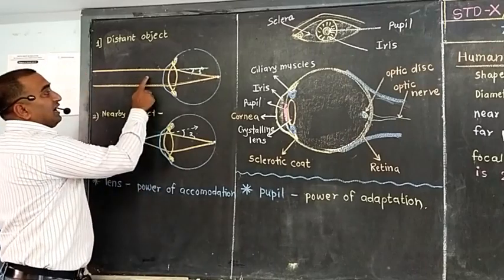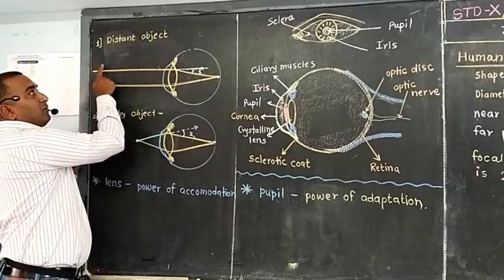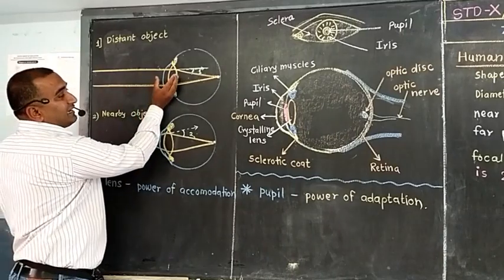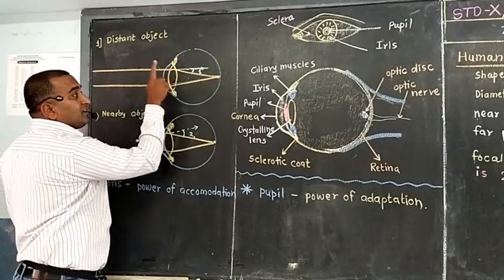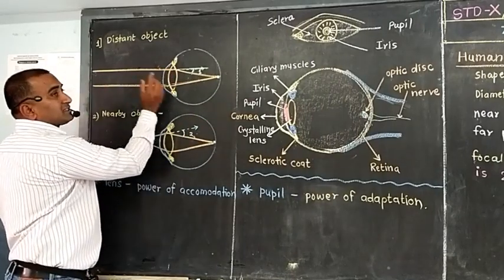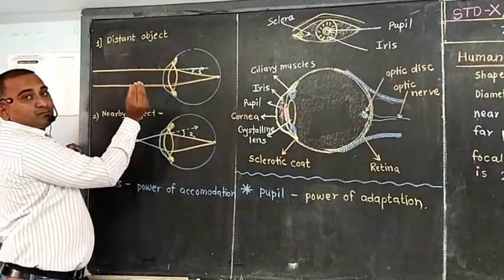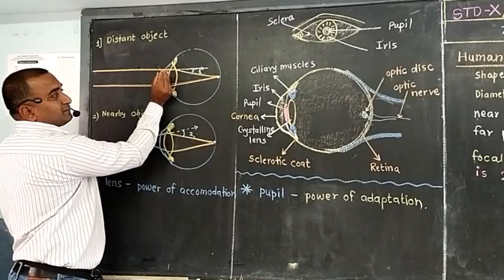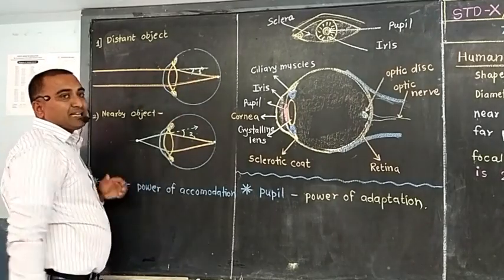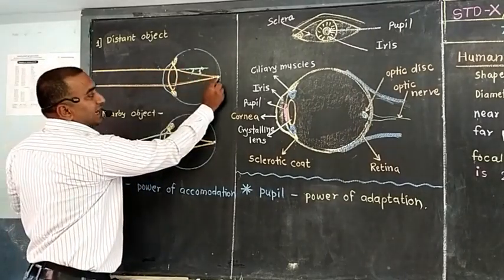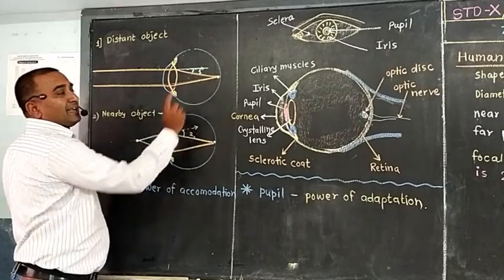So when we are observing objects which are distant, that is far away, our crystalline muscular lens, which is behind the pupil, must be relaxed. Then it should be thinner. And as it is thin, focal length increases. As focal length increases, bending is less, and again this light is focused on the retina.